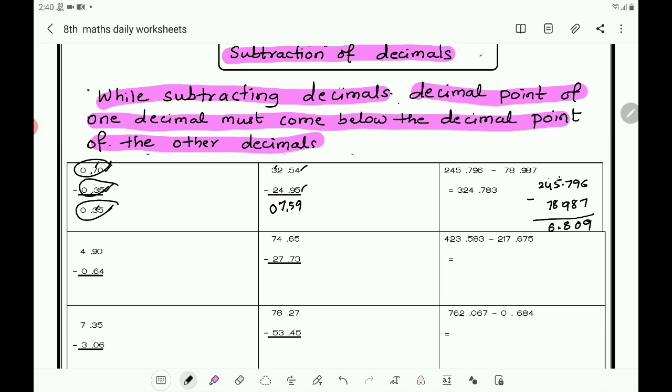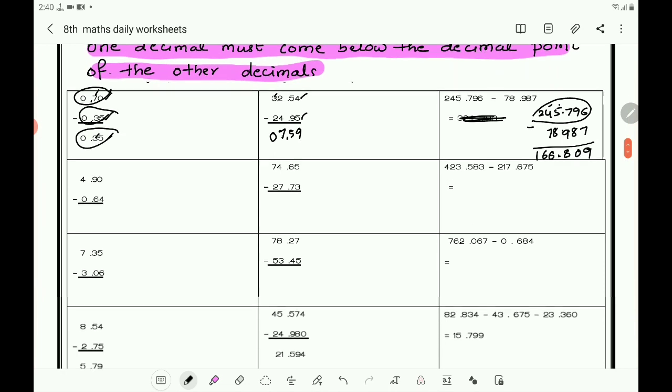Here 3 is remaining. 13 minus 7, 6, 1. So you got 166.809. If 78.987 is subtracted from 245.796, what will you get? 166.809.